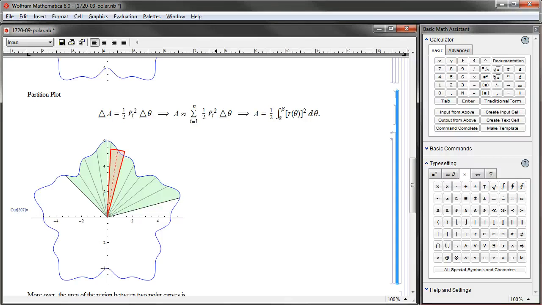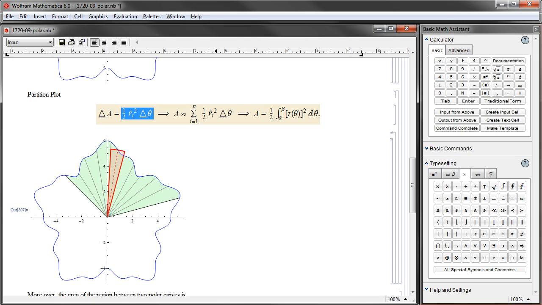Some part is missing, some part is going outside, and that red area over here, delta A, can be calculated precisely by the area formula for a sector: 1/2 r_i squared times delta theta. Delta theta is the difference of angle theta, and of course, upon taking the limit, this delta theta will become an infinitesimal d theta.